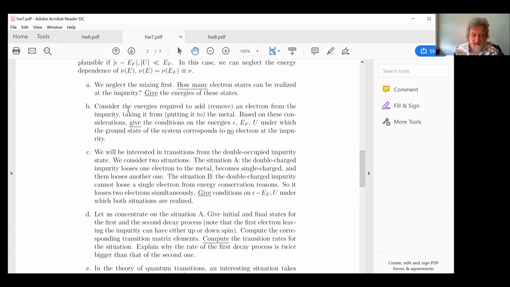So first, neglecting the mixing, how many states are at the impurity, give the energies of the states. Something which you have already solved in problem 5. States, they differ in electron charge, 0, 1, or 2.